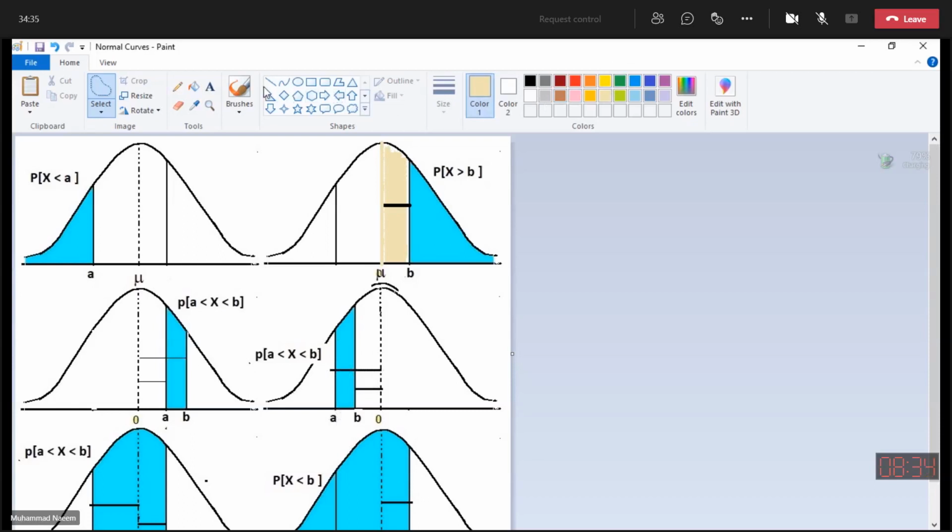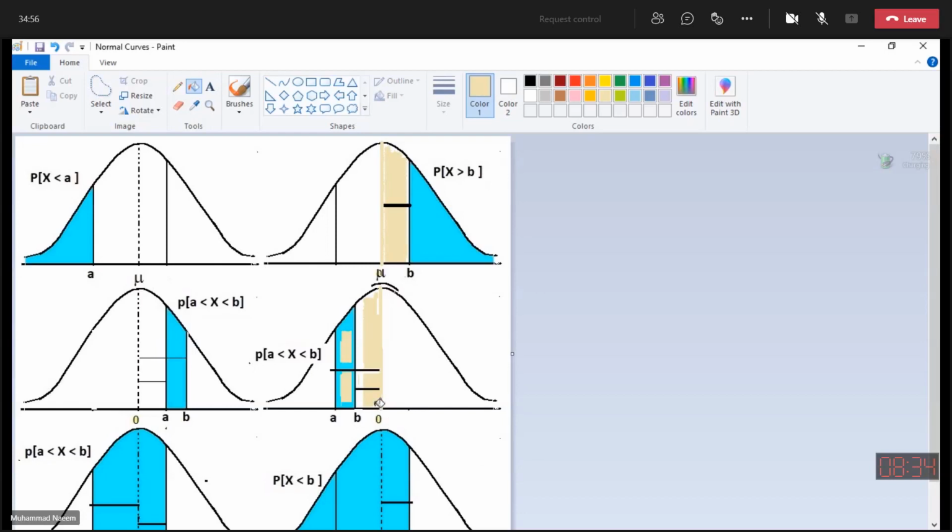And this will be the area from center to this point. What about the other point?